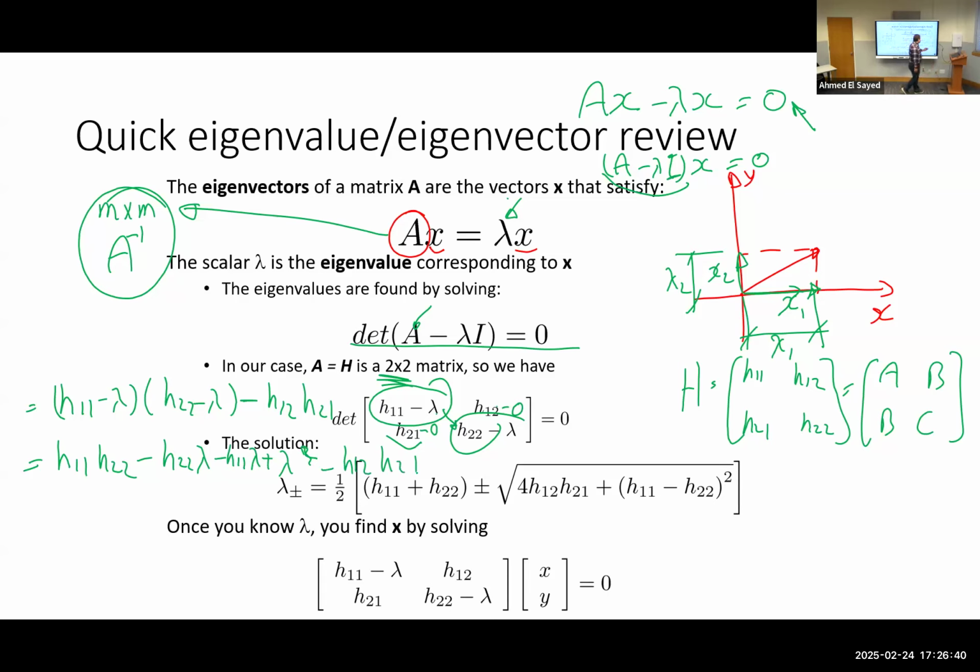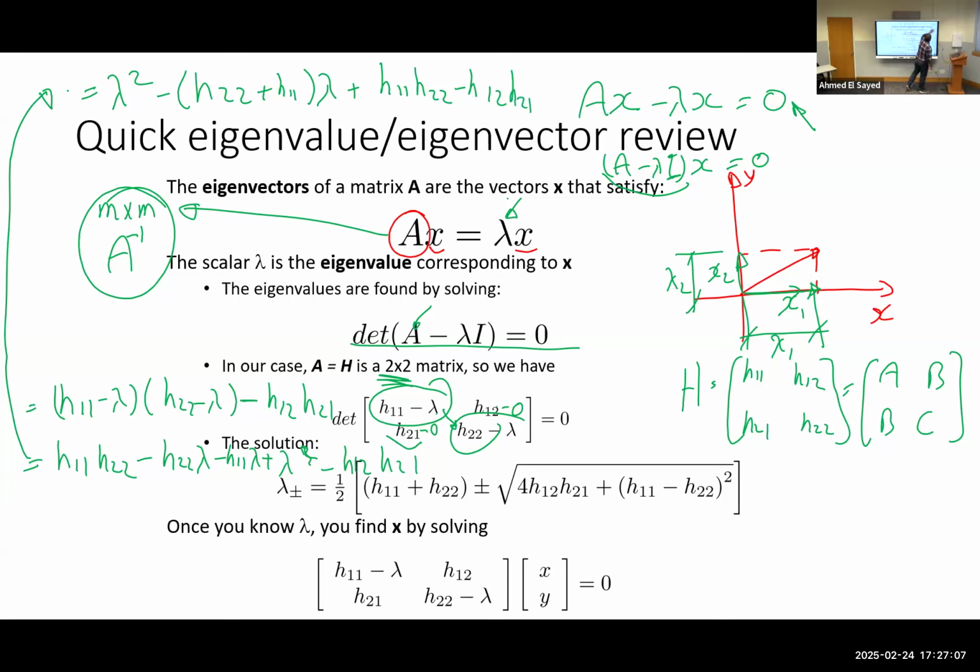If you arrange this equation, it will equal lambda square minus (H22 plus H11) lambda plus H11 H22 minus H12 H21. And all of this must equal 0. I already know the values of H11, H22, H21, and H12, so those are known.